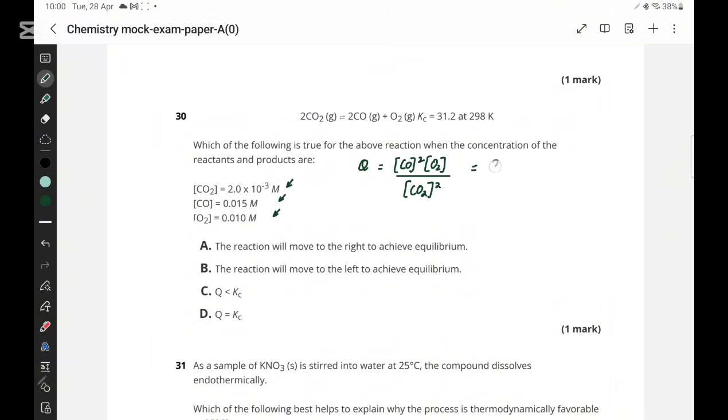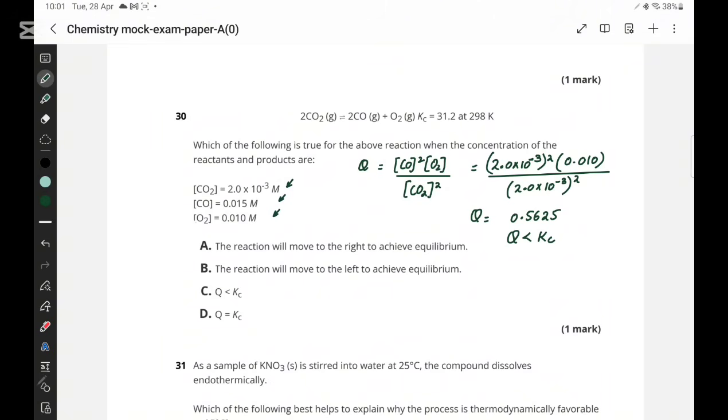Putting the values there: 2.0 times 10 to the power minus 3 whole squared, and for O2 it is 0.010, and at the bottom is carbon dioxide, 2.0 times 10 to the power minus 3, squared. The answer comes out to be Q equal to 0.5625.